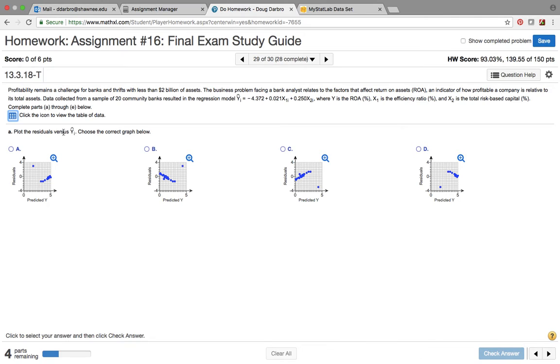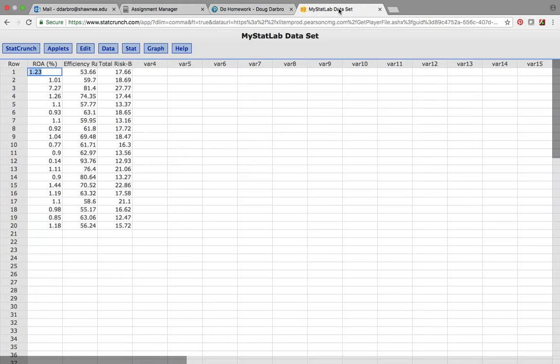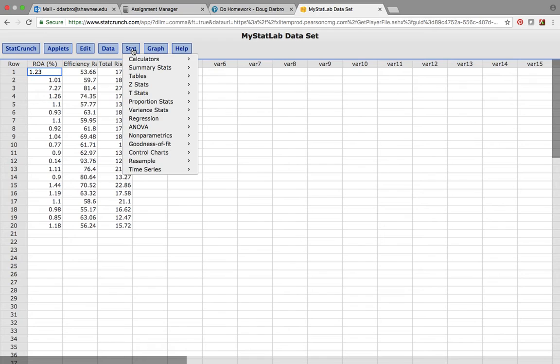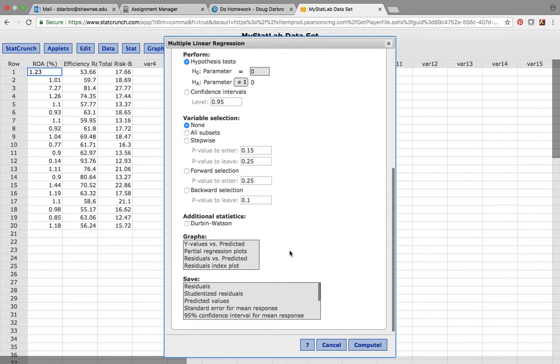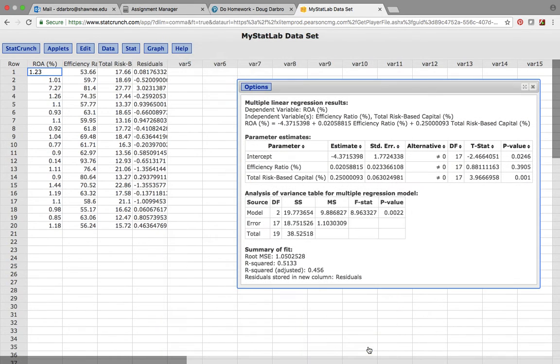Okay, plot the residuals y1. Choose the correct graph. Well, the first thing we need to do is we need to calculate and we want to store the residuals.